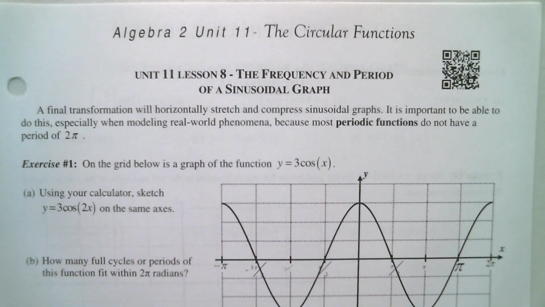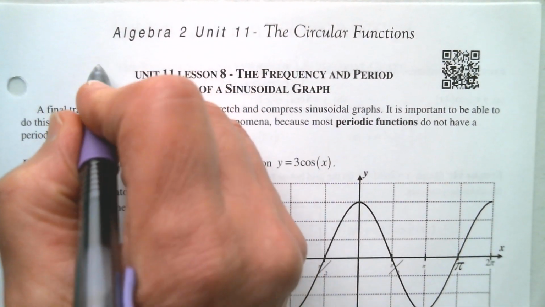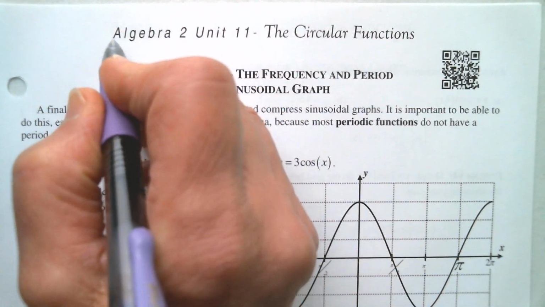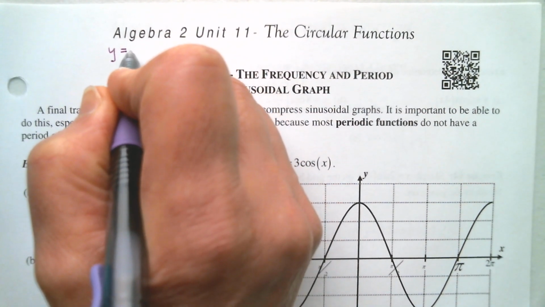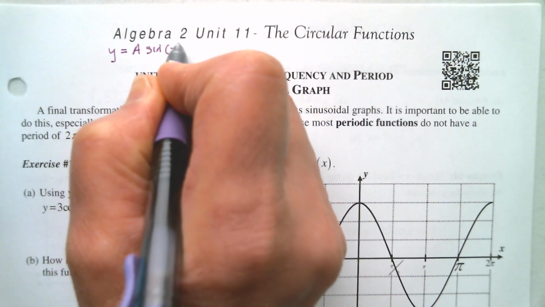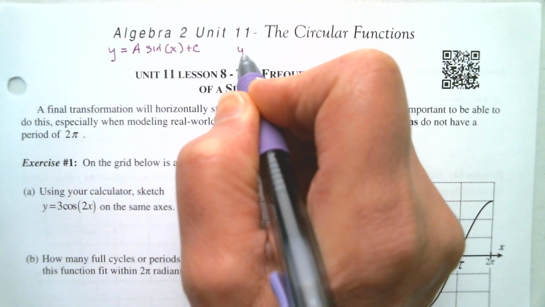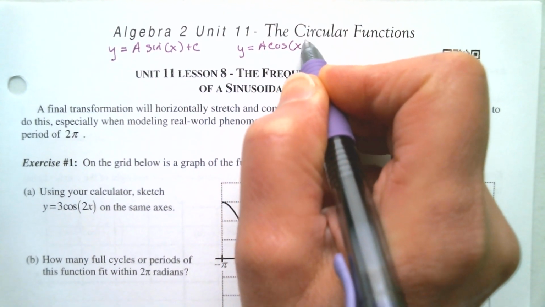Before we start lesson 8, what we've been working with thus far have been sine and cosine equations like y equals a sine x plus c and y equals a cosine x plus c.